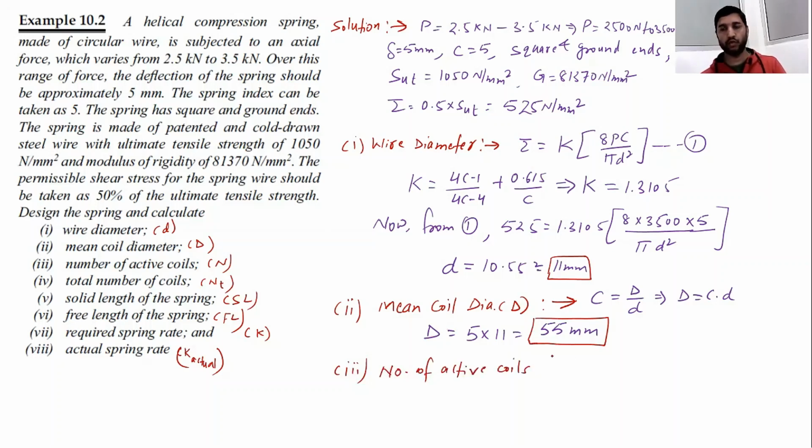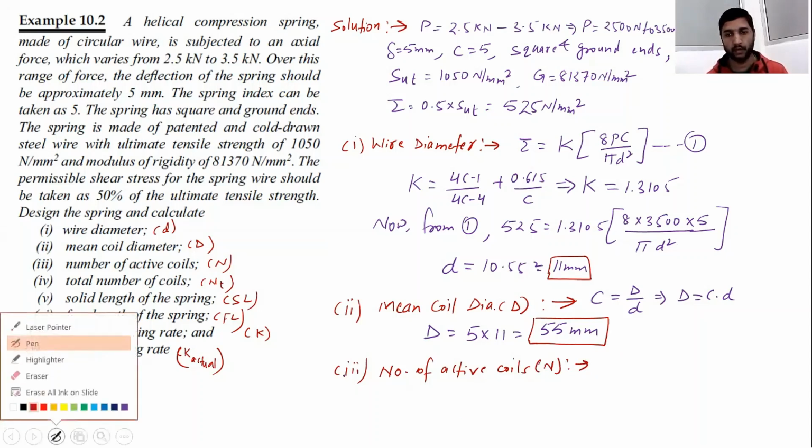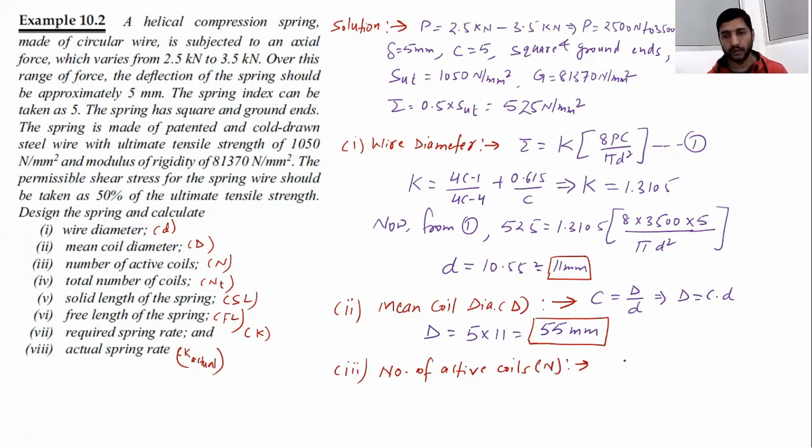देखिए, if you know the fundamentals how to solve the questions, then the questions will become very easy for us. Number of active coils n, and we will use load deflection equation for this. Load deflection equation will be delta equals 8PD cube n upon G d to the power 4. So all the values we have here. But remember one thing, delta is approximate.